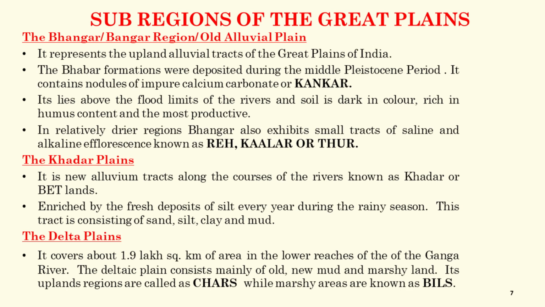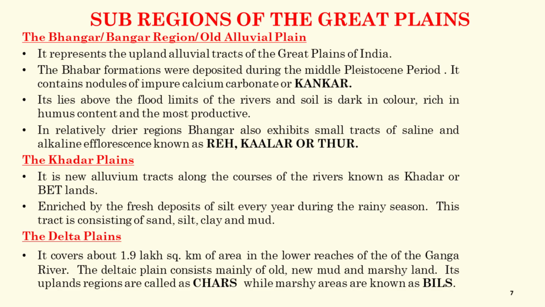Moving ahead, the next one is Bangar or Old Alluvial Plains. It represents the upland alluvial tracts of the Great Plains of India. The Bangar formation was deposited during the Middle Pleistocene period. It contains nodules of impure calcium carbonate, which is known as kankar.